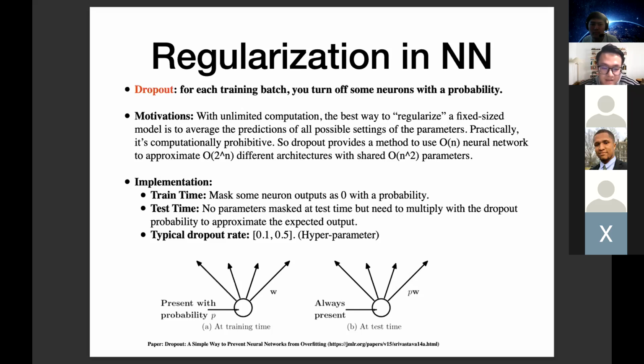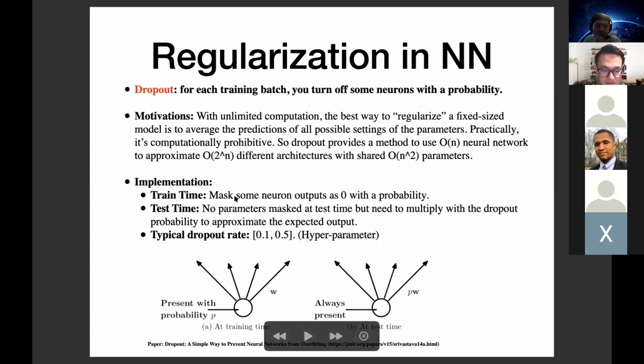But at test time, because you masked some neuron outputs in training, you don't mask the parameters, so you need to multiply by the dropout probability p to approximate the expected output. I guess dropout is in your homework one part one, but you must be careful in the training time and testing time.